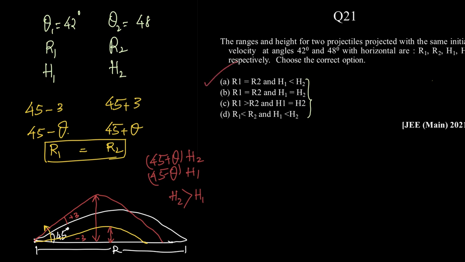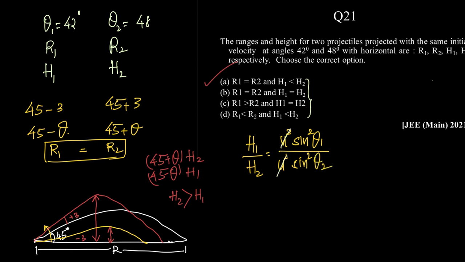Now, coming to the formula approach, what is h1 by h2? H1 by h2 is u square sine square theta 1 by u square sine square theta 2.